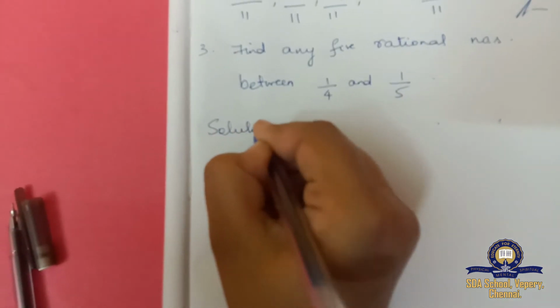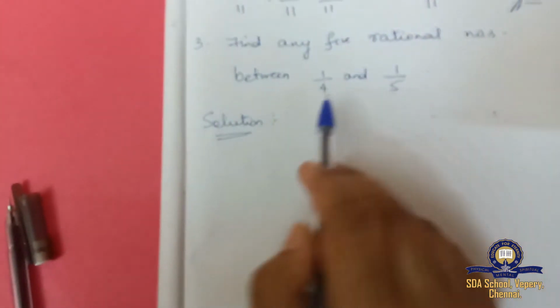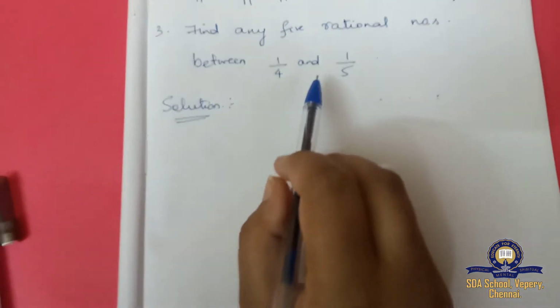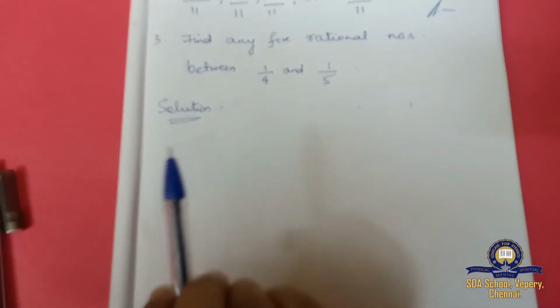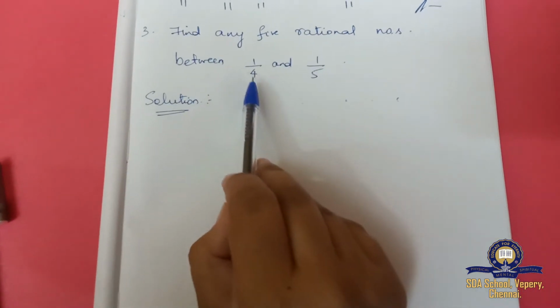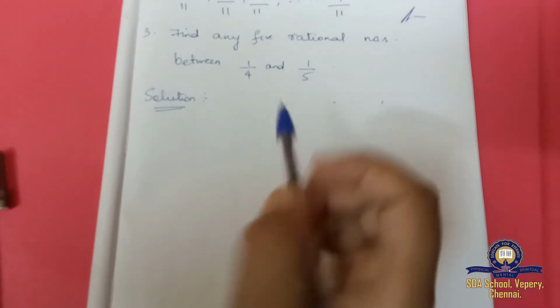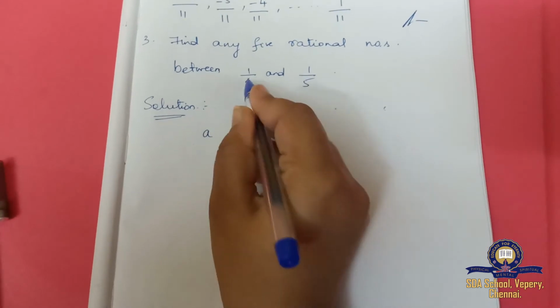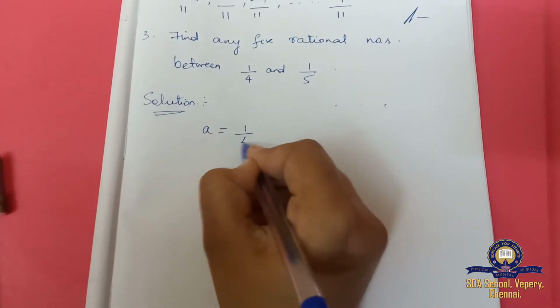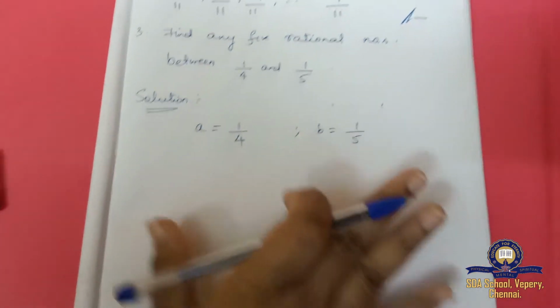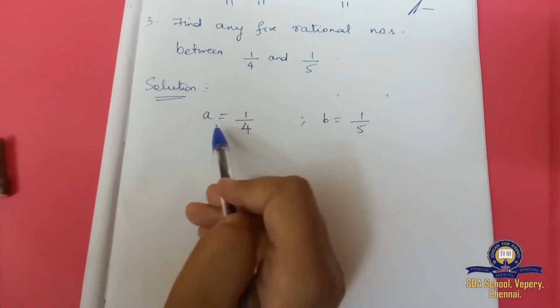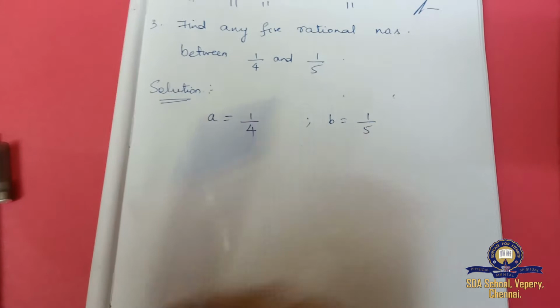If you see carefully, the difference between the previous sum and this sum is that the denominators differ. If the denominators are the same, you can continue the sequence, right? But here the denominators differ. How do we proceed? First of all, write A equals 1 by 4 and B equals 1 by 5. Got it? This is the first step, right? A equals 1 by 4 and B equals 1 by 5.